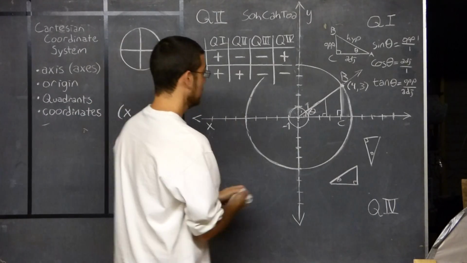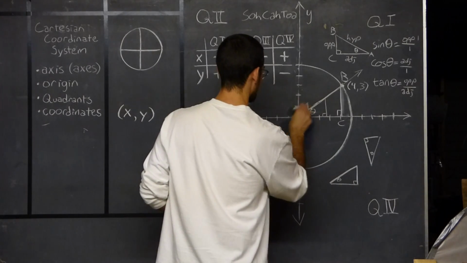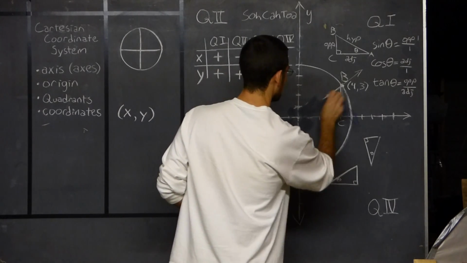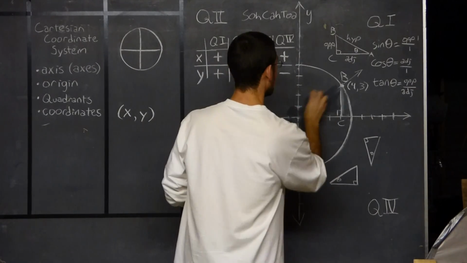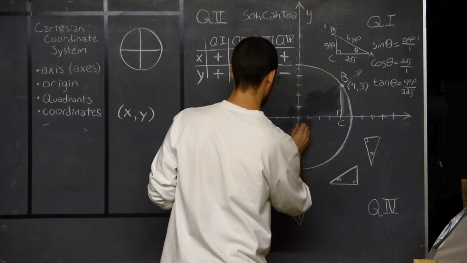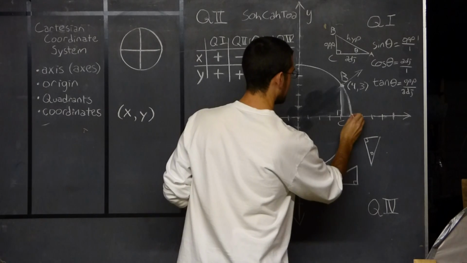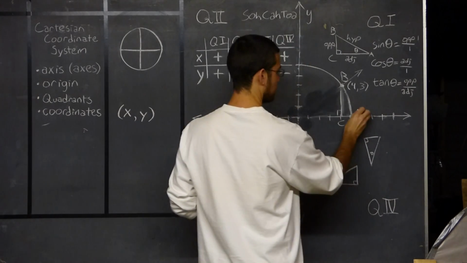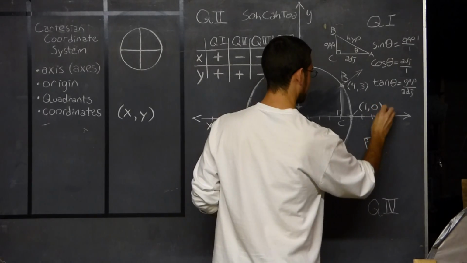Alright, so now I'm going to change our graph because this is too small for you to see, so let me erase this a moment. And we will say that this point right over here is 1, 0.